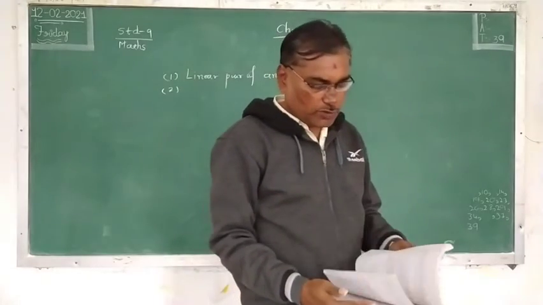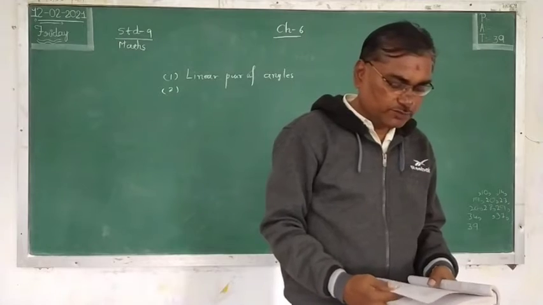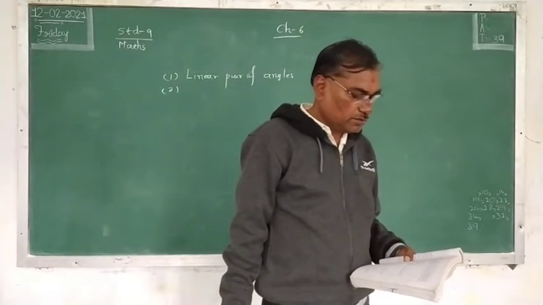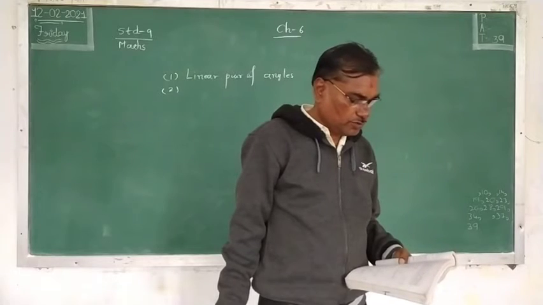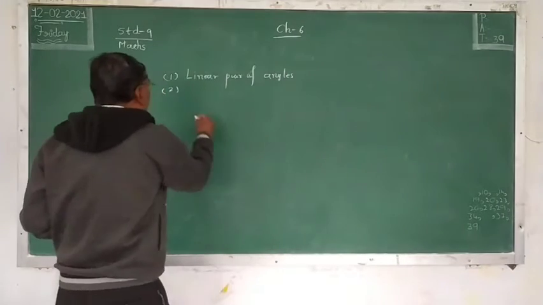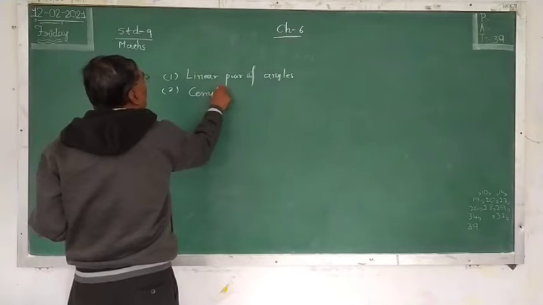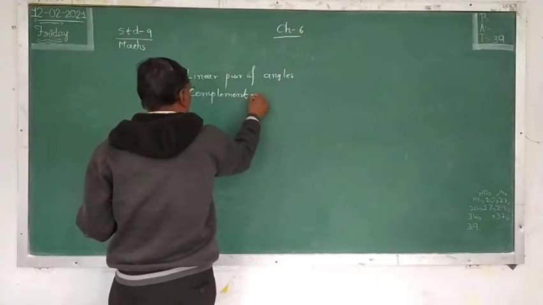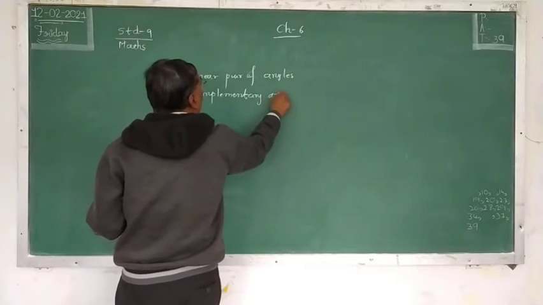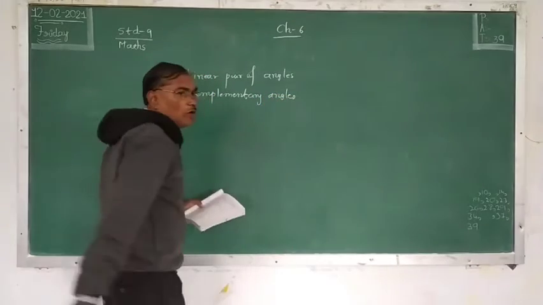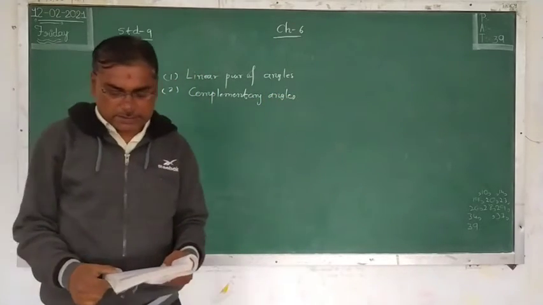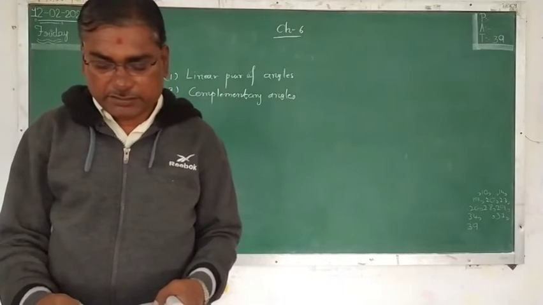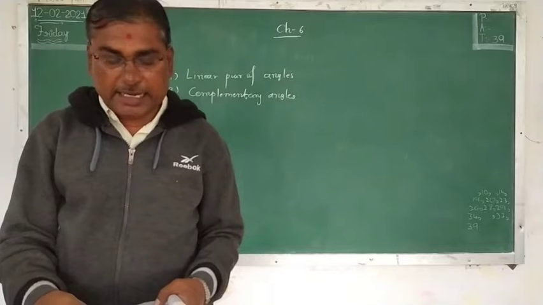Now, second definition from page number 91: complementary angles. Write down, page number 91, starting from line number 4.